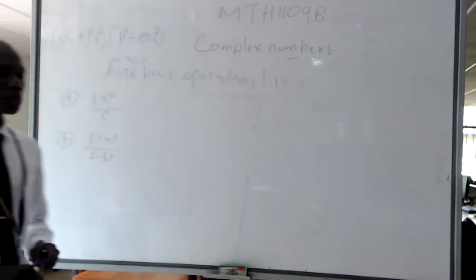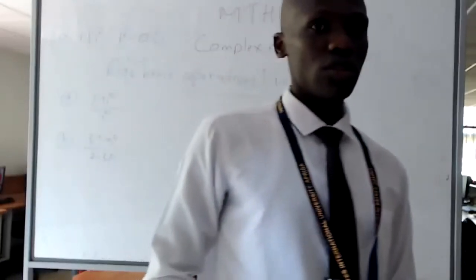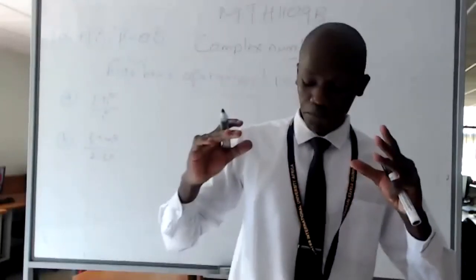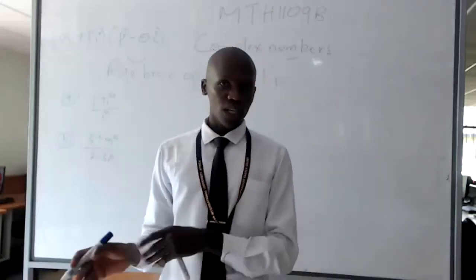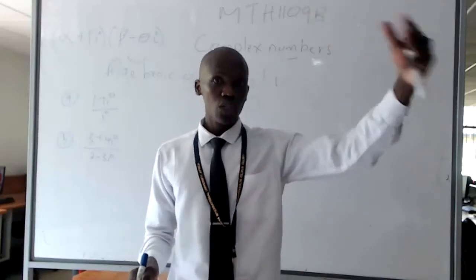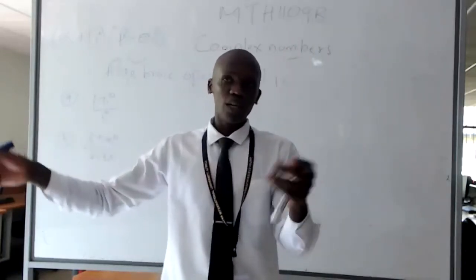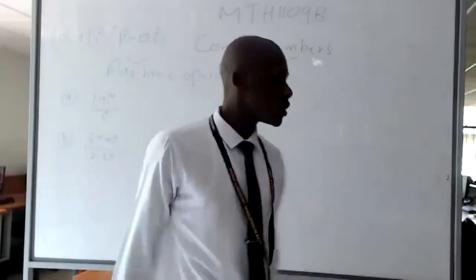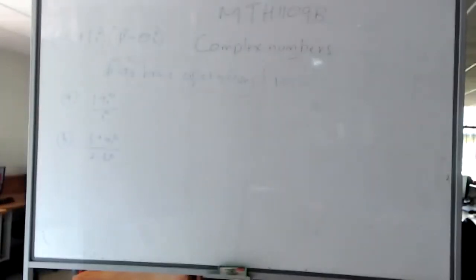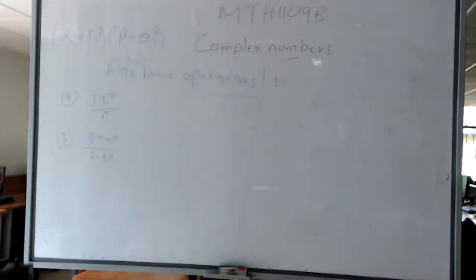There's another method for division of complex numbers, but you need to have knowledge of simultaneous equations. You need to be able to solve equations that have more than one variable. I know in this class we have only done linear equations in one unknown. We will do linear equations in several variables. We do it in 20 variables or 30 variables or a million variables. But if there are those who know how to solve simultaneous equations, there's another method for dividing complex numbers, which is very easy.